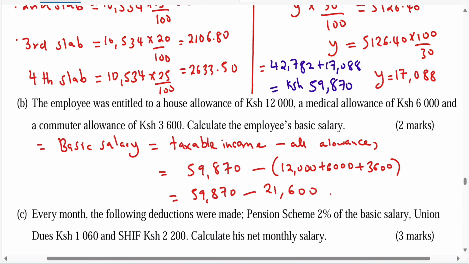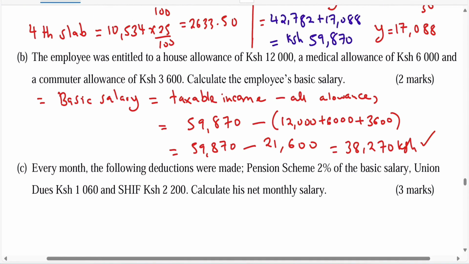So ukisubtract hizo mbili, 59,870 minus 21,600, yeah, which should give you 38,270 Kenya shillings. Sawa, mona swali rahisi. Sijui watu waona max ni ngumu, lakini max ni rahisi sana.